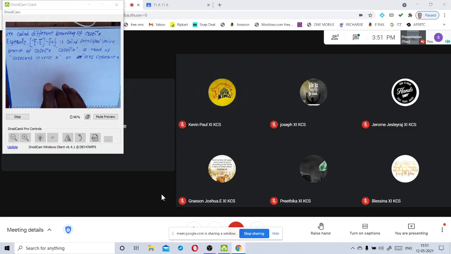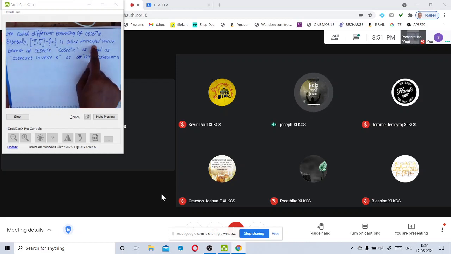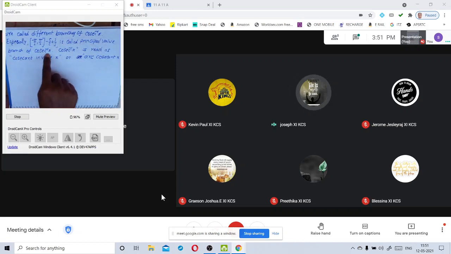Very good, Kevin Paul. Joseph, can you read these two lines? Yes, sir. Closed interval of minus pi by 2 comma pi by 2 minus singleton set 0 is called principal value branch of cosec inverse of x.